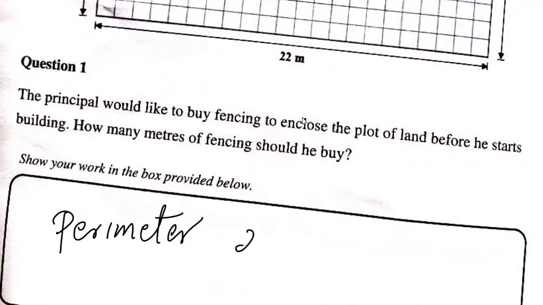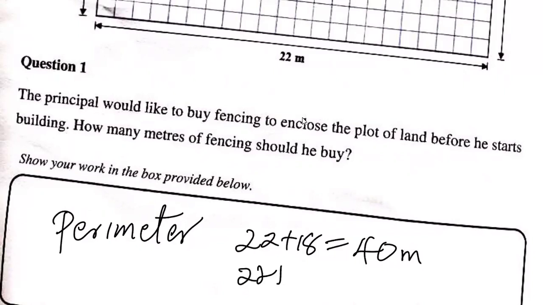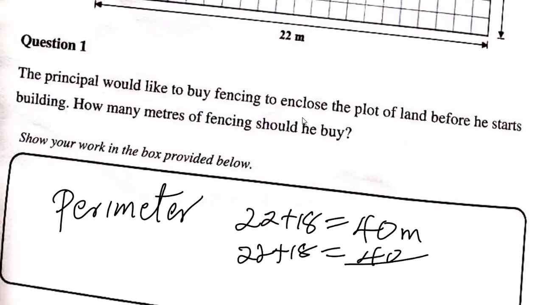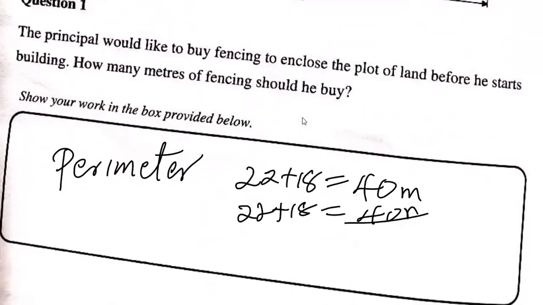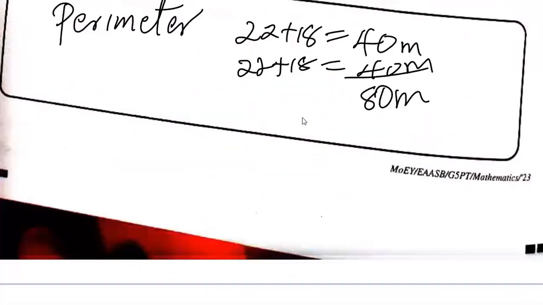But remember, we have our next side which is 22 and the next one is 18. So when we add all of that, we get 80 meters. So the perimeter would be 80 meters. So in terms of the land, it would be 80 meters for the fencing. So that answer is 80. All right, let's proceed.